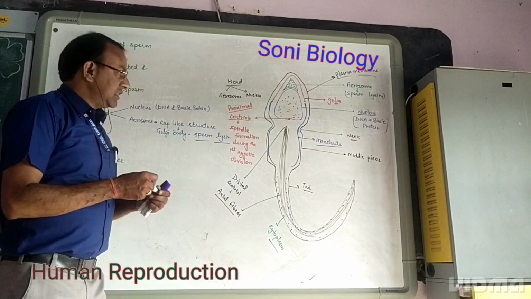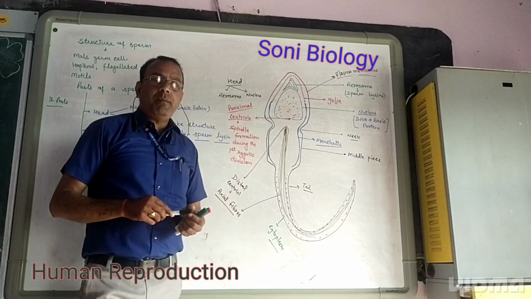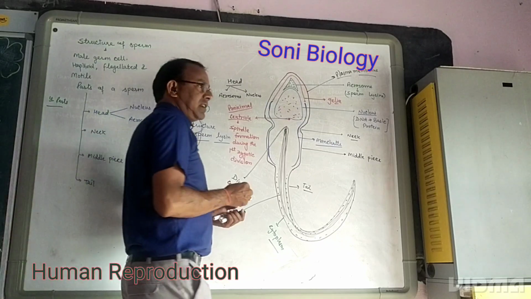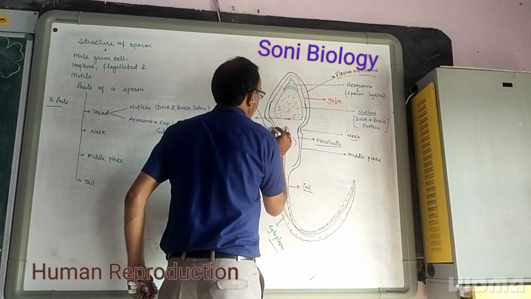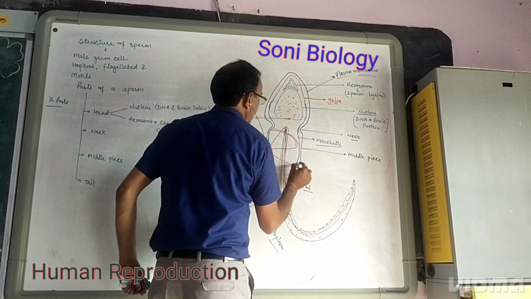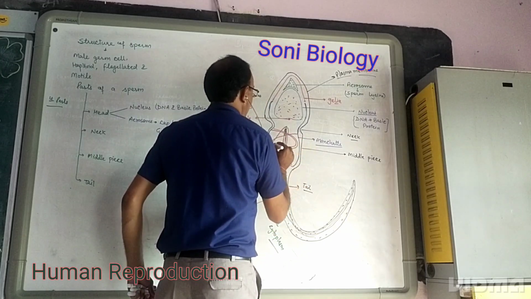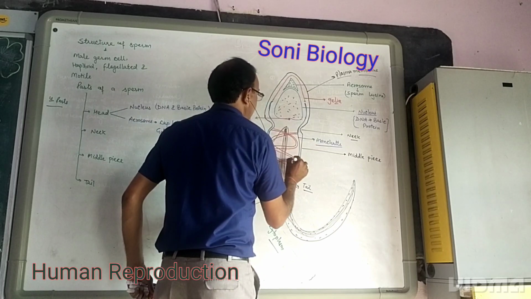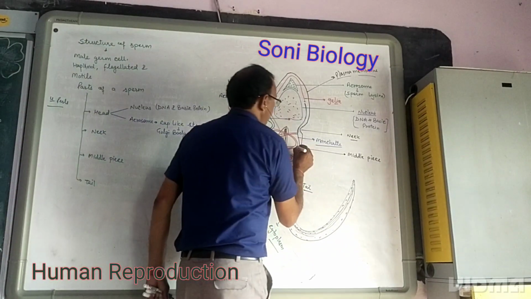The middle piece, which is the swollen part, contains spiral, ribbon-like mitochondria.